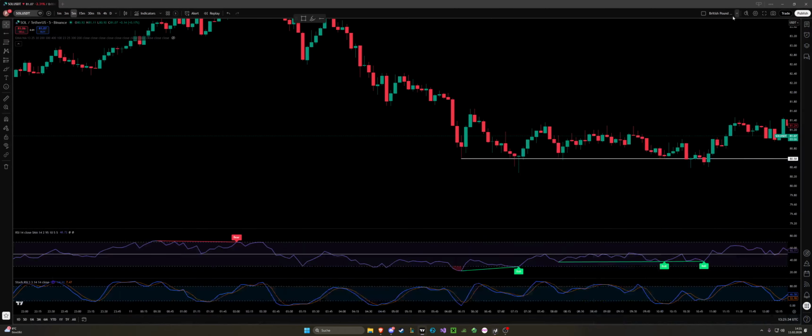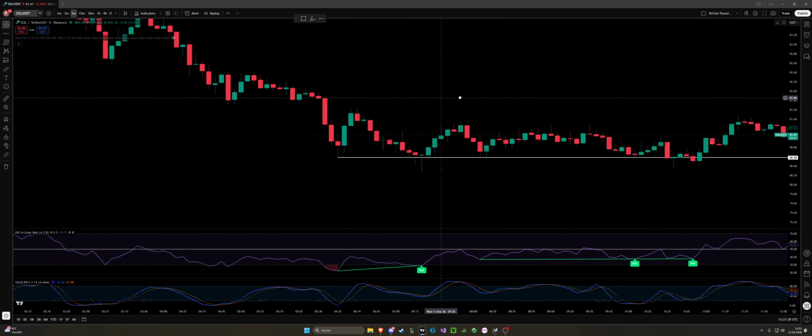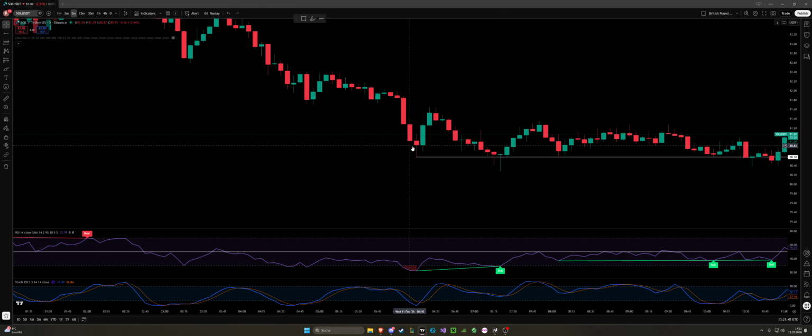Quick recap, very simple thing. Again, we have a swing point, price trades below it very briefly, but then snaps back above and is able to move away.